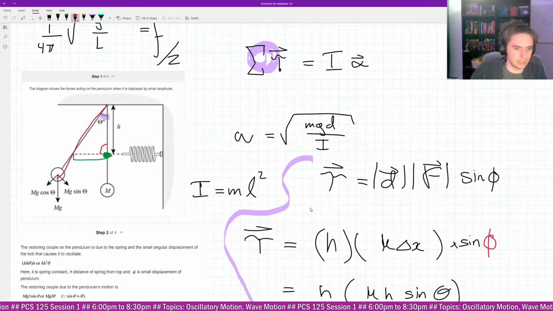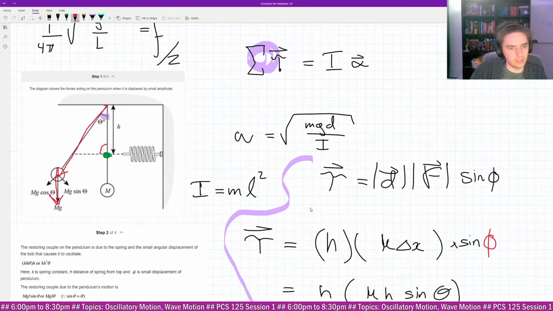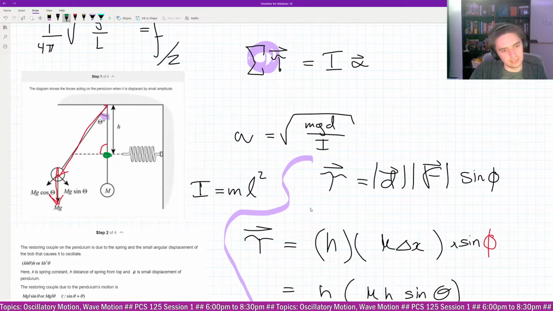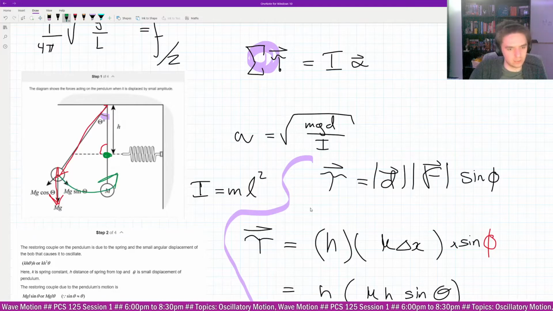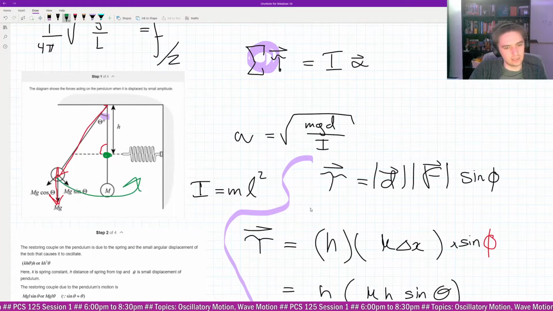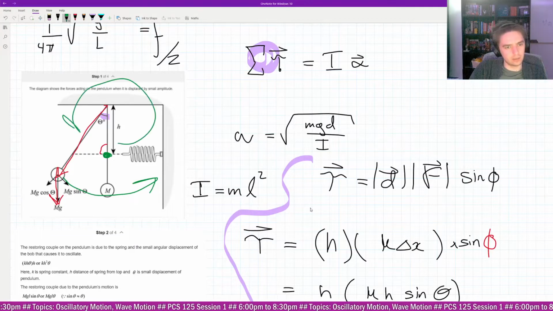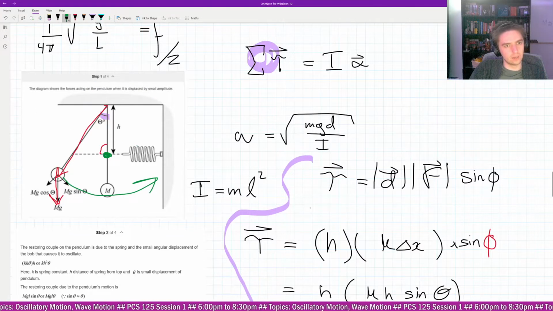Anyways, it's here, really. And here is our force vector. So you can see the force is acting this way essentially, right? If you pull down on something like that, it's going to start moving this way, right? Does that make sense? If you were to apply this force down like that, the thing is going to swing this way. That's counterclockwise. So counterclockwise is negative.